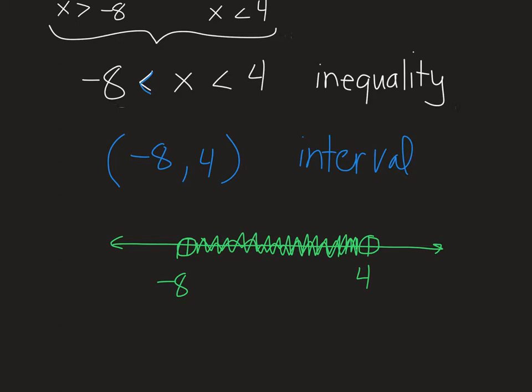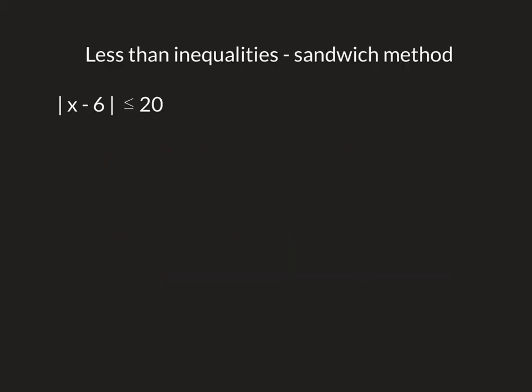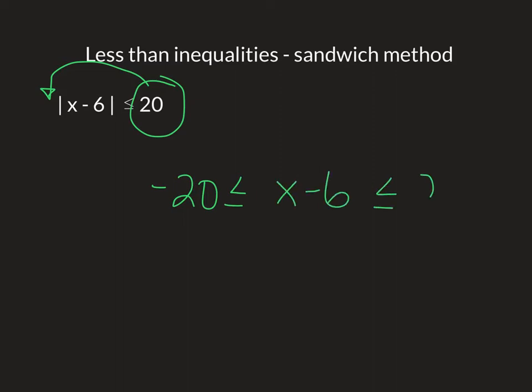One other quick method, let's look at this next one. This is what I call the sandwich method. We make a sandwich where we bring this number to the left side as a negative: negative 20 has to be less than or equal to this thing, which is less than or equal to 20.